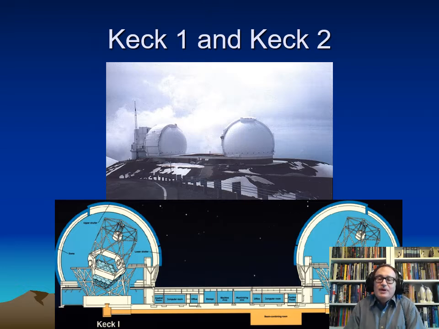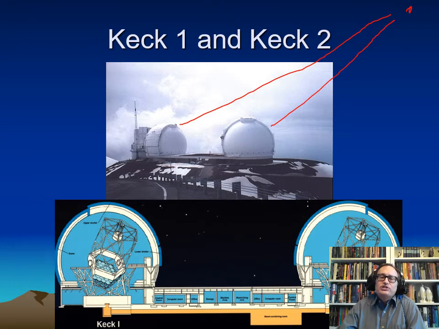Well, guess what? We have made it work, though. The Keck telescope: we have Keck 1 and Keck 2. Keck 1 can look at something and Keck 2 can look at something else, and that's no problem. Or Keck 1 and Keck 2 can look at the same object.